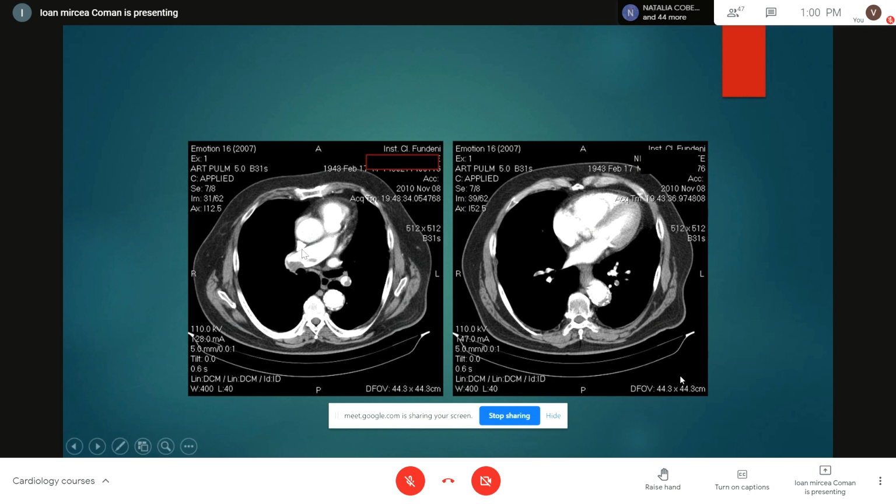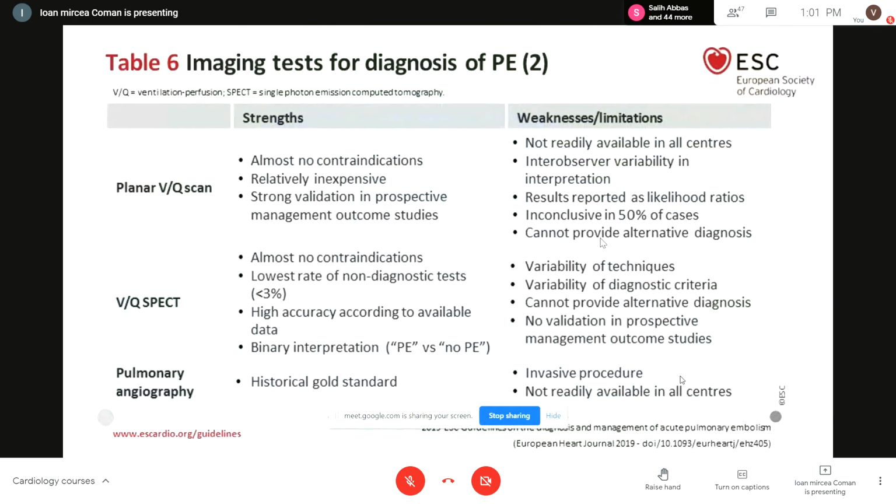Same images here, yes, thrombotic lesions, and you can also see the heart. Normally, the left heart is larger than the right one. Here, the right ventricle is in fact larger than the left one, showing that there is an important right heart overload, so it is a critical condition for this patient.